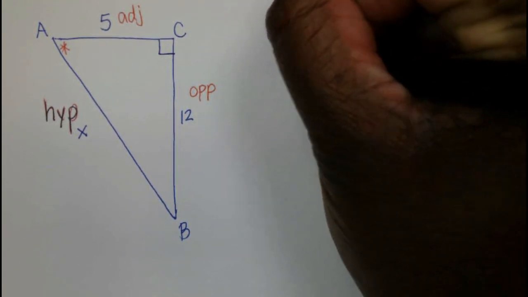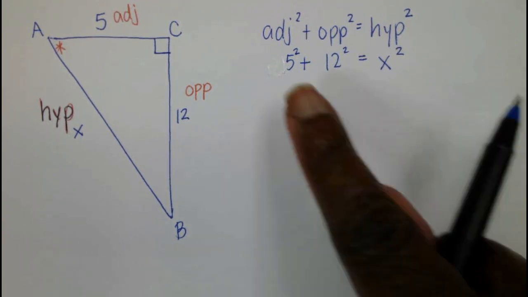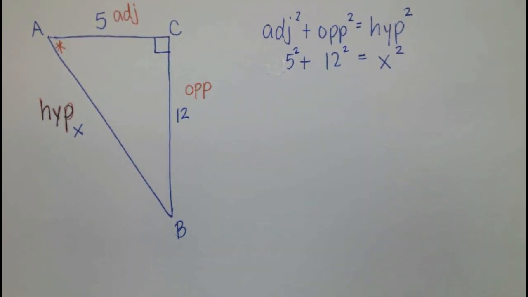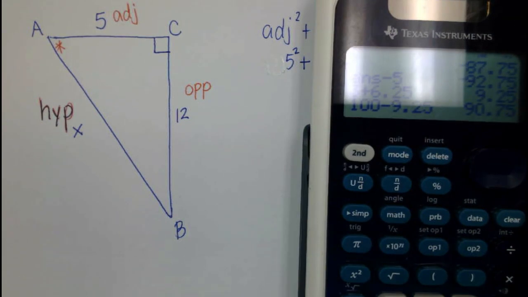And this is 5 squared. This is not 5 times 2. This is 5 times 5.